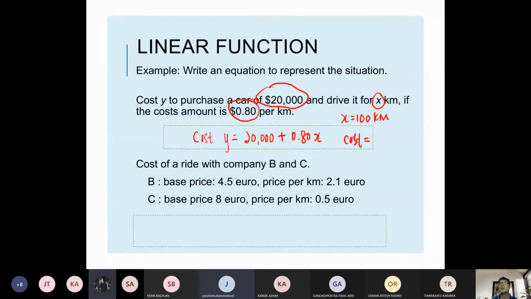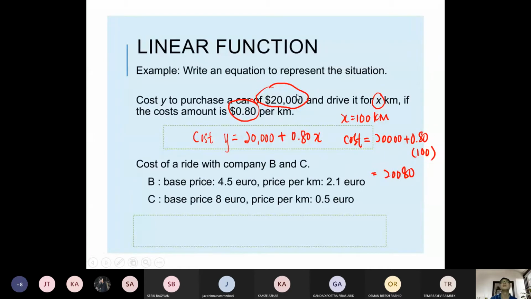It will be 20,080. So we take 0.8 multiplied by 100, which is 80, and add the 20,000, giving 20,080. So we use this function to calculate the cost to use a car.